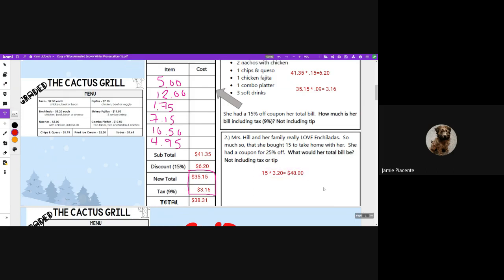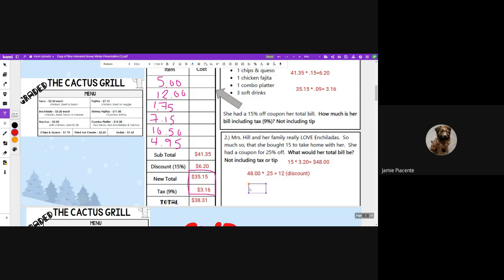So now this is before the coupon. To find a coupon, we're going to take our amount, which is $48, multiply it by the coupon, which is 25% in decimal form. Okay, let's type that in. We get $12 discount. So we either are going to add that to 48 or subtract it.